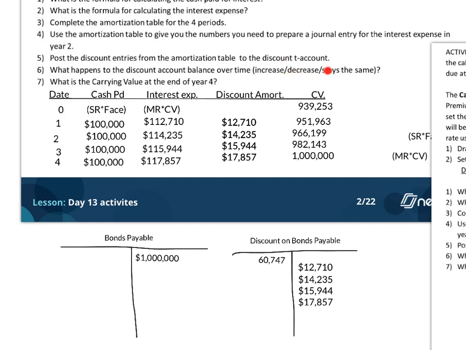It certainly decreases with every one of these debits. So it should be going to 0. If you're thinking my teacher's crazy, how come her stuff doesn't work? The reason is because I rounded all those numbers instead of using the cents. So it gets to 1, but you know the idea.